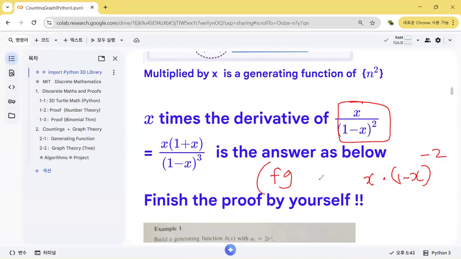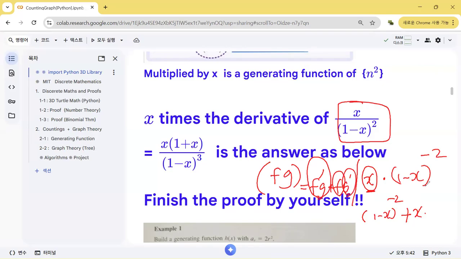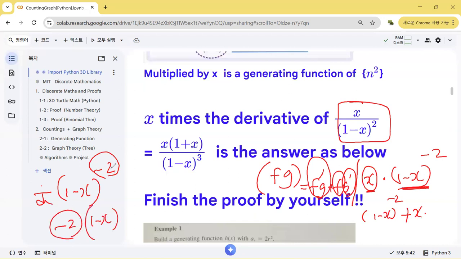The derivative of this one: minus 2 comes out, (1 minus x), now subtract 1 gives minus 3, and the inside derivative of 1 minus x is minus 1.